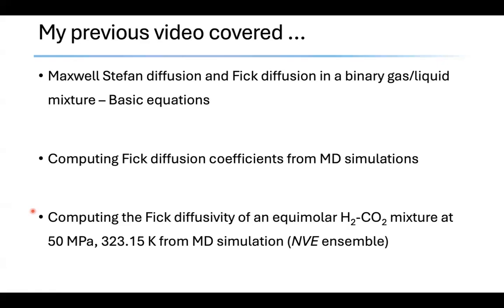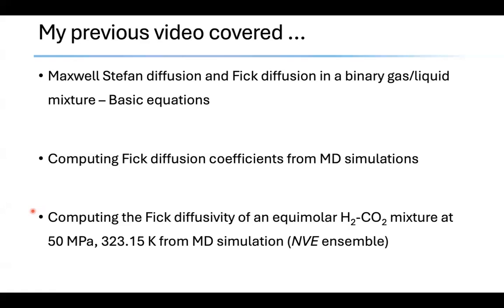We picked one thermodynamic state point wherein we chose an equimolar mixture of hydrogen and carbon dioxide at 50 megapascal and 323.15 Kelvin. And I showed you how to use LAMMPS to calculate Fick diffusivity.